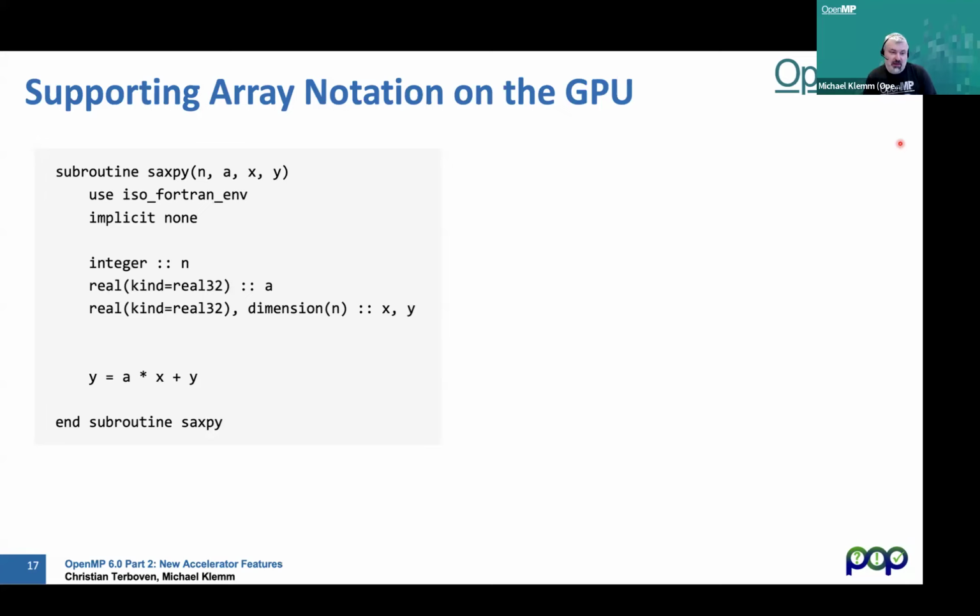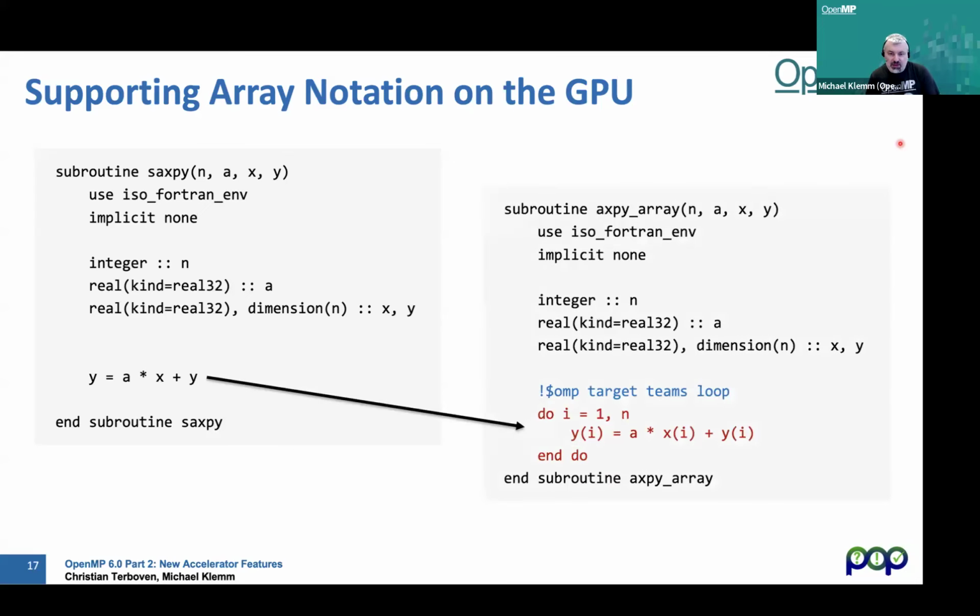So the actual mathematical definition of the routine, and then click. The usual way to bring this over to the GPU would be to basically undo the array notations and make the implicitly contained loops explicit, like we've been showing before.